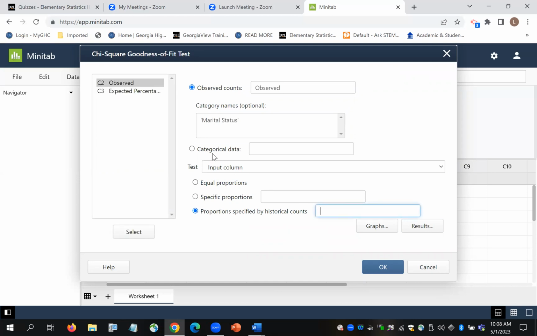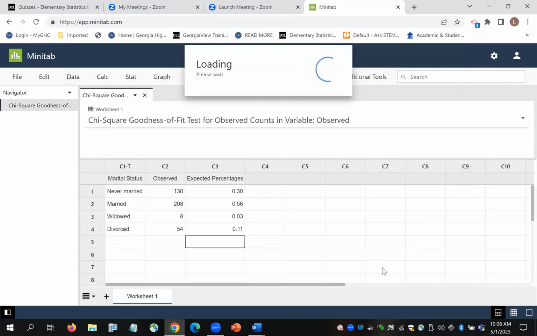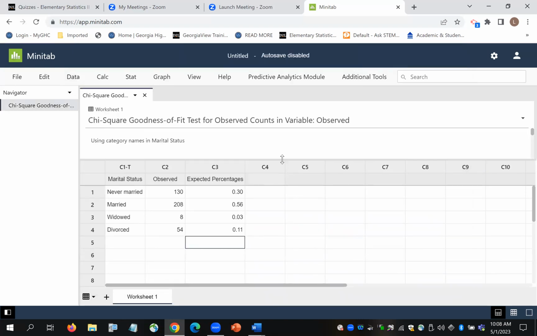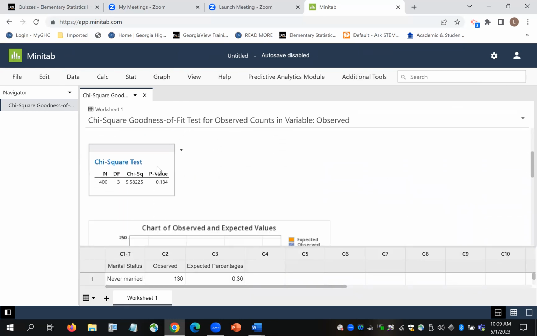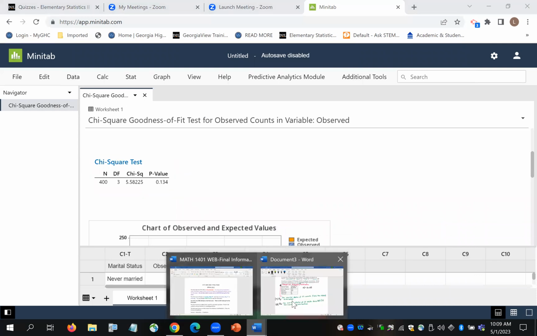It's based on the research. That is the expected or the specified. That's column 3. I then click OK. Now, you need your chi-square test statistic. It's under the header chi-square test.